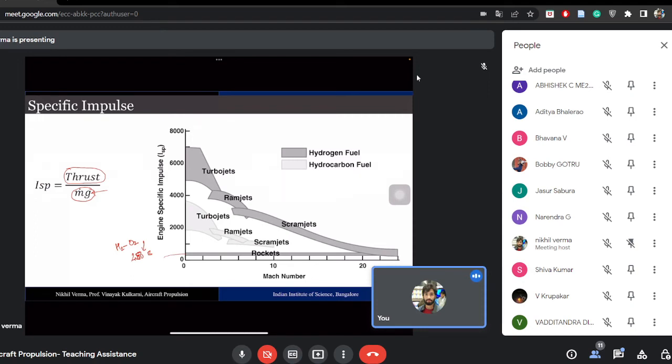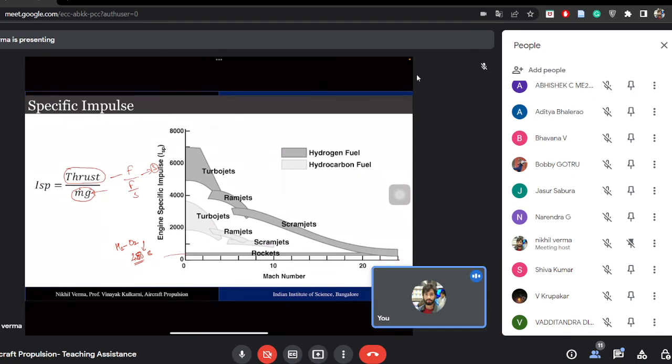So this is m dot, and this is the force, force per unit time, so the unit will be in seconds. So you have 450 seconds of ISP for these types of rockets.